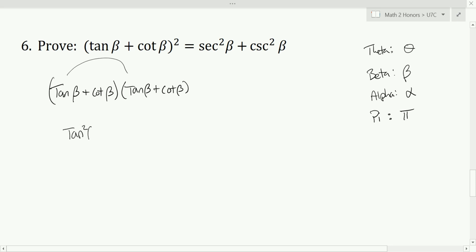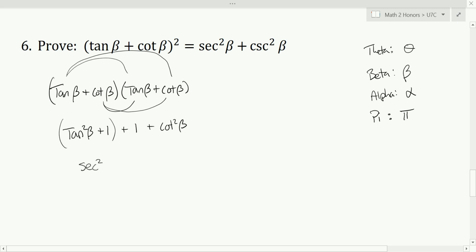Tangent squared. What is tangent times cotangent? 1. Good. Cotangent times tangent? 1. Cotangent times cotangent? Cotangent squared beta.